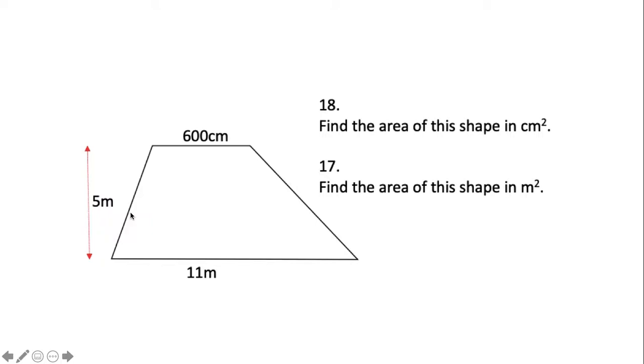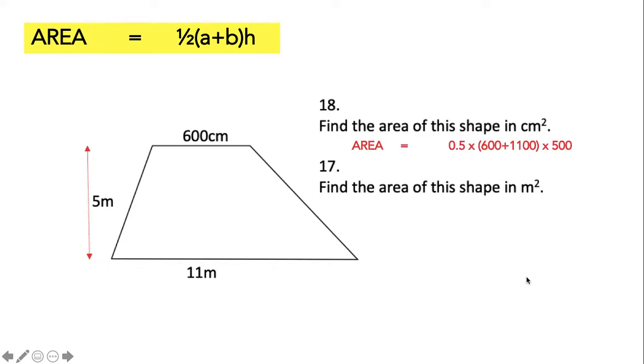Okay, so that's a trapezium, and the area of a trapezium is a half (a plus b) h. The a plus b are the 2 parallel sides, so it's basically the average of the 2 parallel sides. That's the half (a plus b) bit, and then h, so times the height of the whole thing, which in this case is 5.